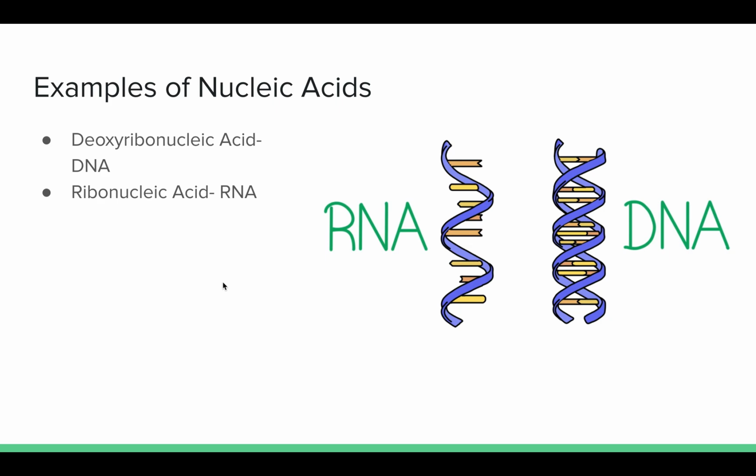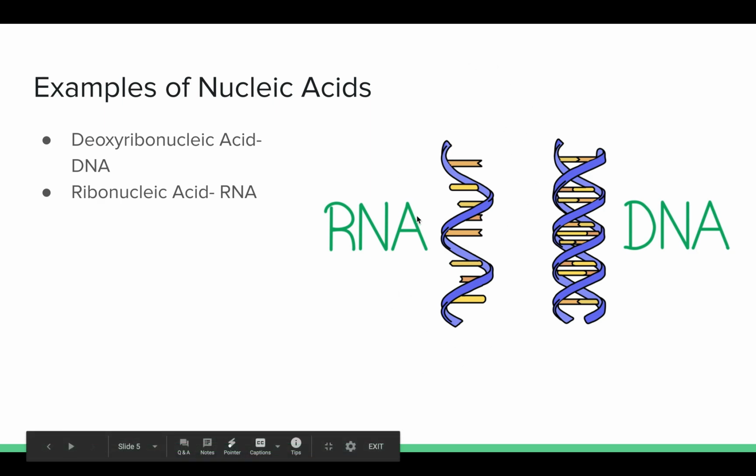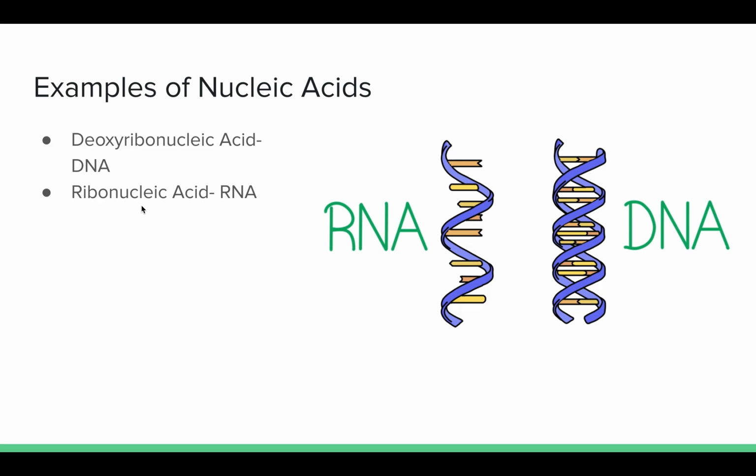Another example of a nucleic acid, which we'll also talk about next semester, is RNA, which you see here. RNA is a single strand, where this one has 2. We get the letters RNA from ribo, being your R, nucleic being your N, and acid being your A. So the 2 examples of nucleic acids are deoxyribonucleic acid and ribonucleic acid, or we can just be simple and call them DNA and RNA.